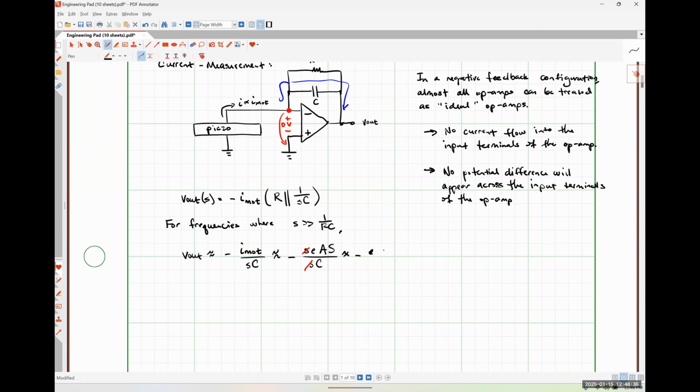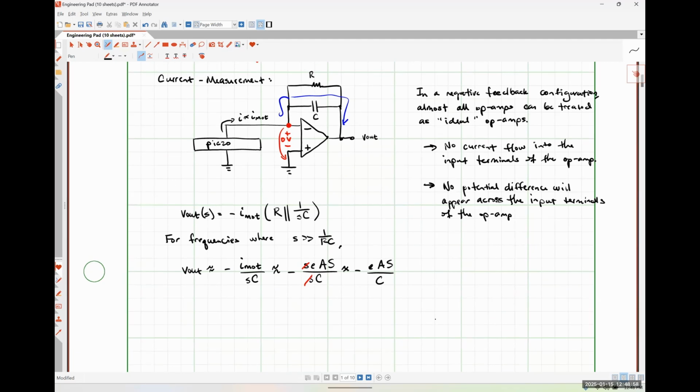And so we're left with negative e A capital S over C, so that our output voltage is effectively independent of frequency. So this is one measurement scheme using a transimpedance amplifier. Effectively, that parallel combination of the resistance and capacitance converts that motional current into a voltage at the output.